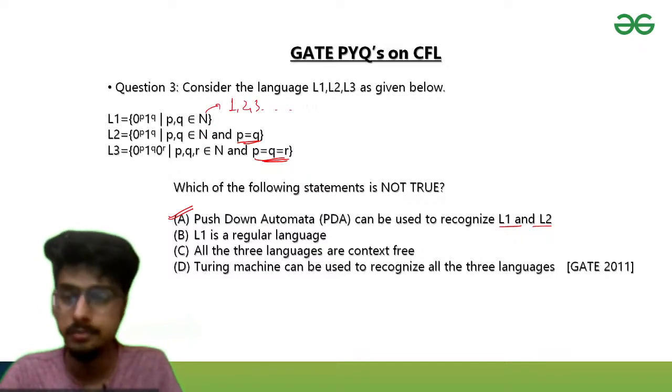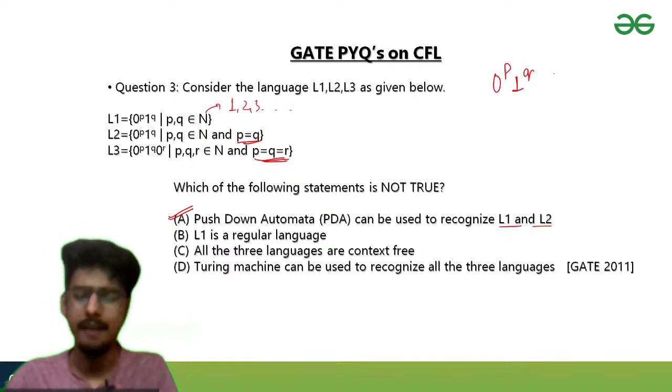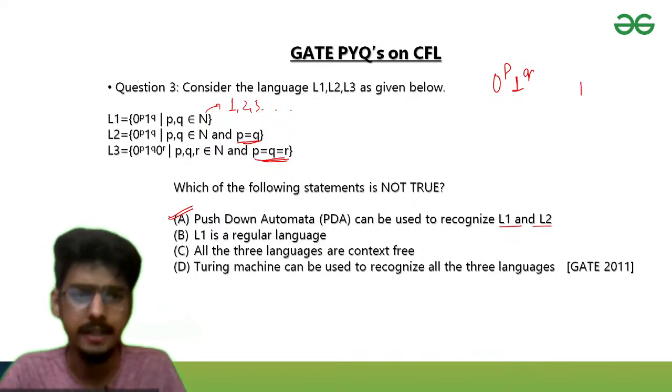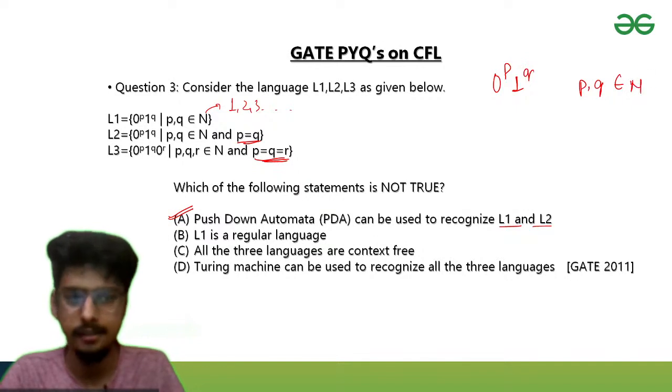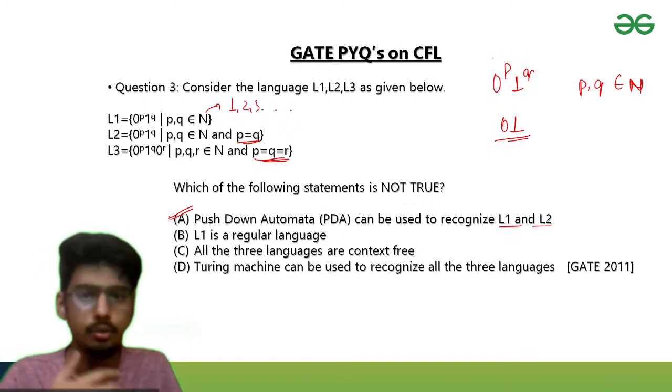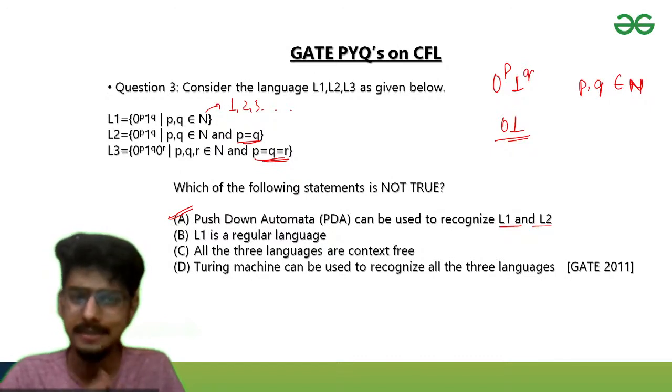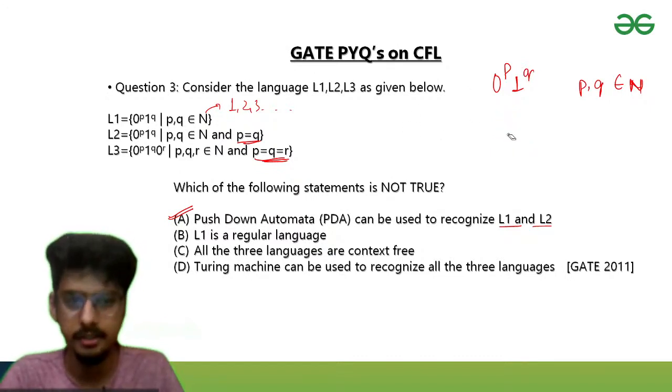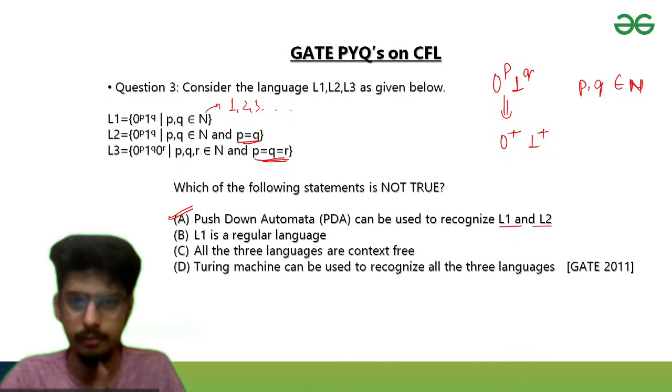The minimum string you can have is 01. You can write the regular expression for this language as 0 plus 1 plus, because minimum you need to have one element.